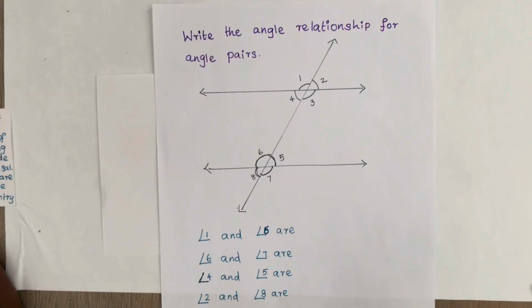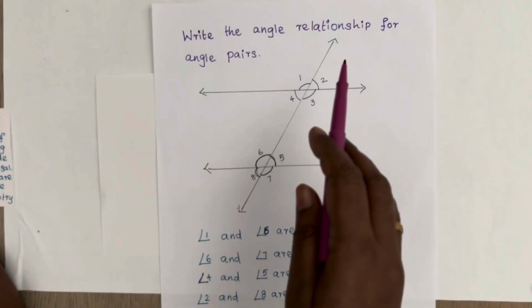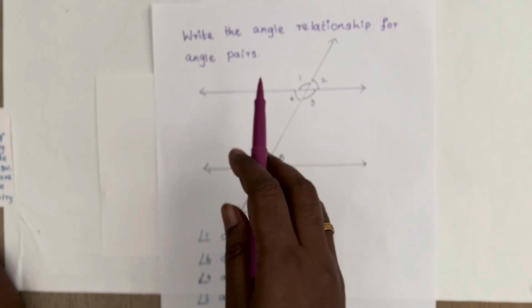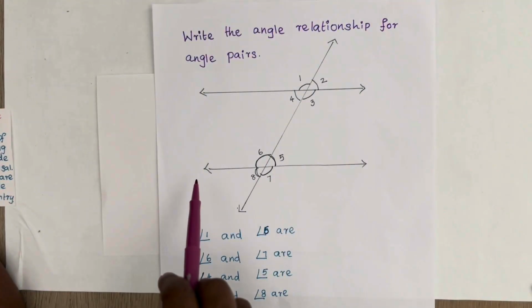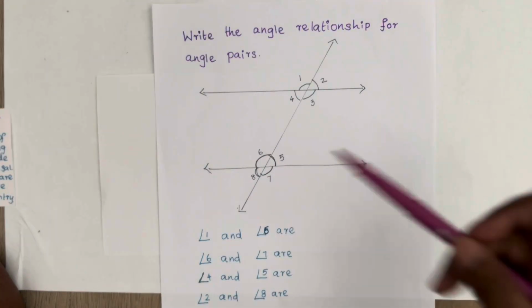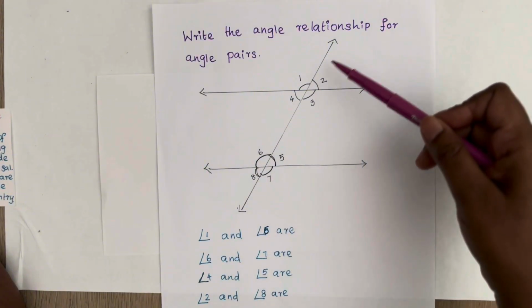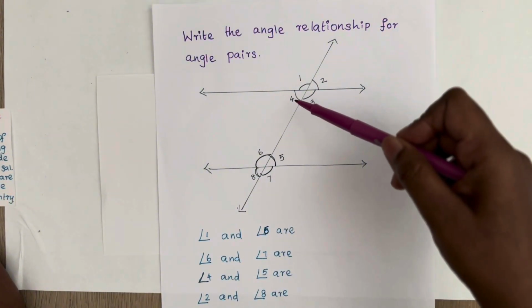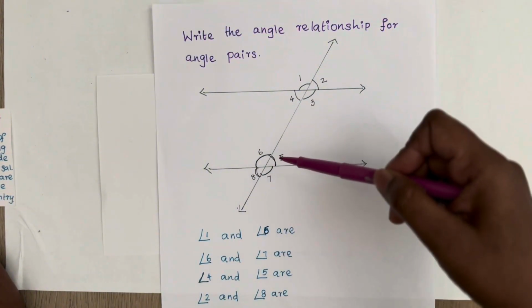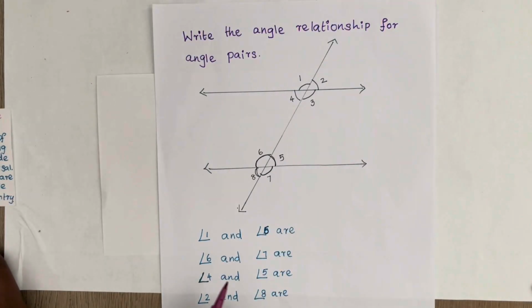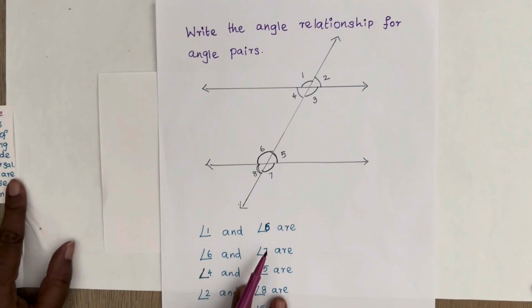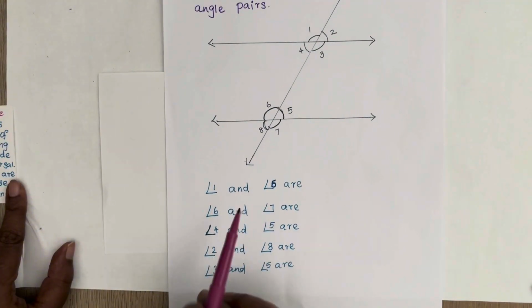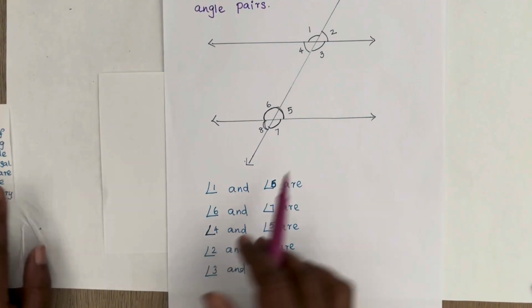Let's see another example. Write the angle relationship for the angle pairs. Here we have two parallel lines, and this line is the transversal, and they have named 8 different angles. We need to write the angle relationship for the angle pairs. The first one, angle 1 and angle 6.